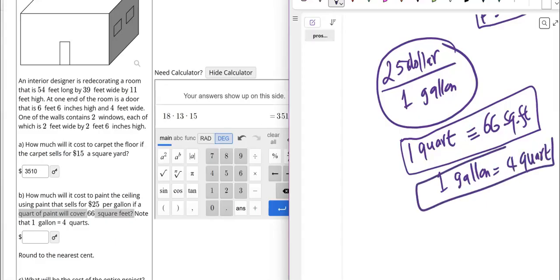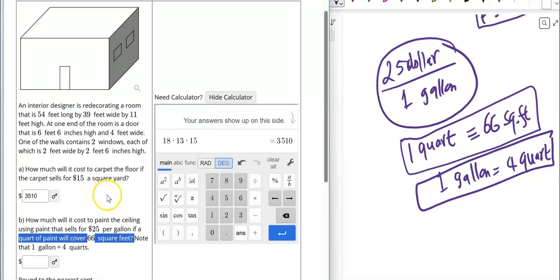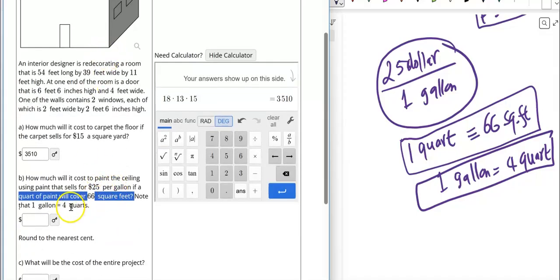So the idea of this question is you're going to find how much area you need to paint on the ceiling. Remember that you need to find the area of the ceiling, which is the same as the floor. But we're going to find the area of the ceiling in square feet, because the question gives you that 1 quart covers 66 square feet.